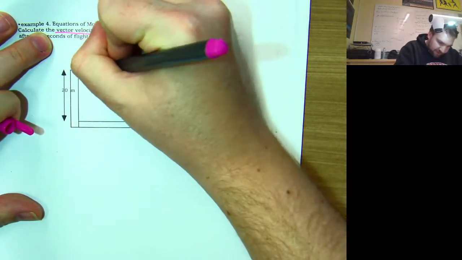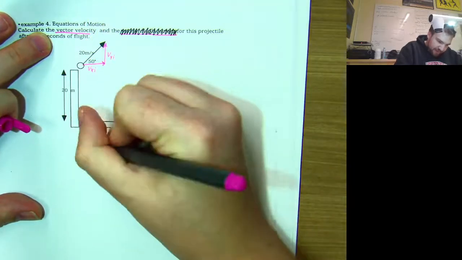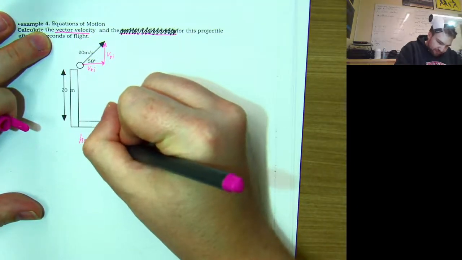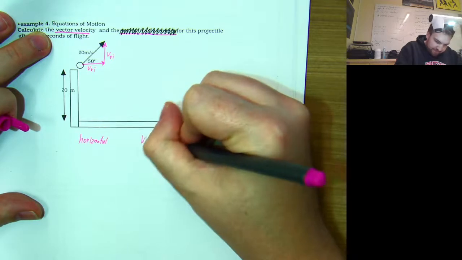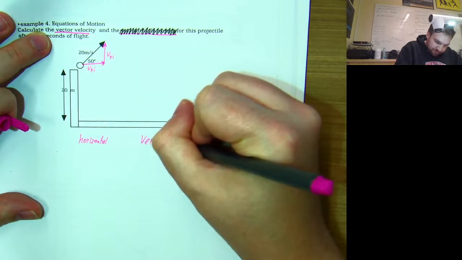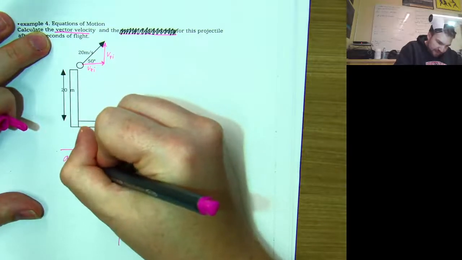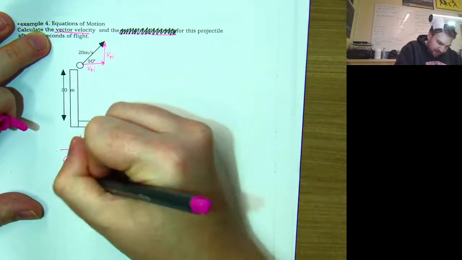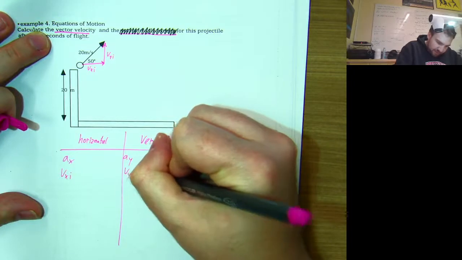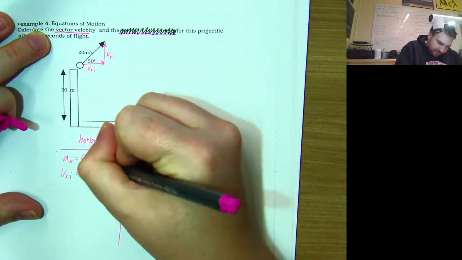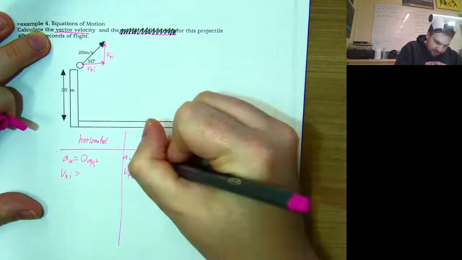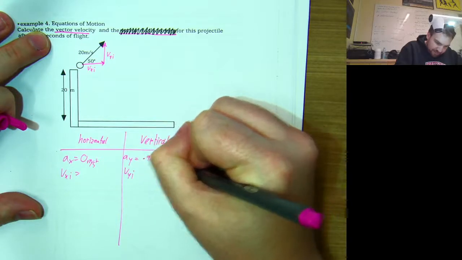I've got a Vx initial, and I've got a Vy initial. I've got horizontal and I've got vertical components. I've got Ax, I've got Ay, I've got Vx initial, I've got Vy initial. Ax is 0 meters per second squared. Ay is negative 9.8 meters per second squared.